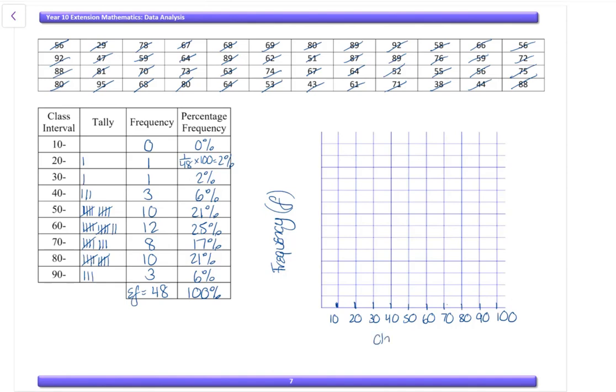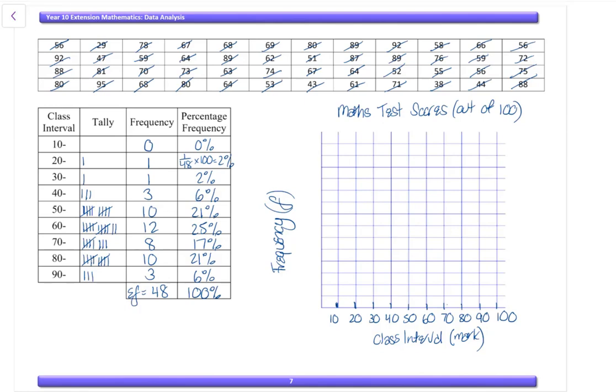Okay, so this is our class interval, which is our mark. And we should also do a heading, which is maths test scores. And we can go out of 100.